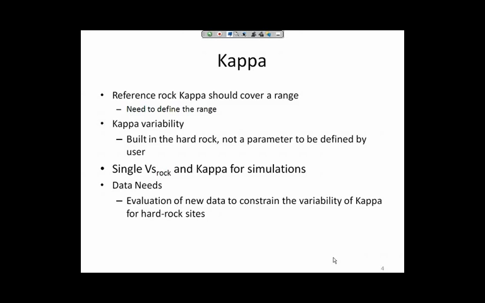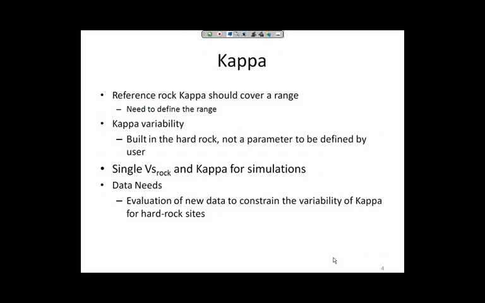Kappa variability, again, will be built into the rock ground motion model. And we then also need to have some work done to get at constraining that variability, updating, for example, the work Walt had talked about from California sites. We'd like to go instead to eastern U.S. sites now and really pull out what that range of kappa values is for hard rock sites.